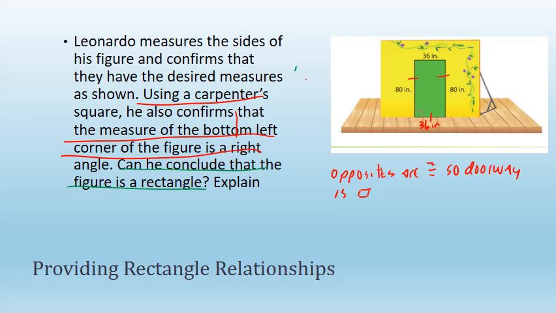So if one angle of a parallelogram is a right angle, then all the angles are right angles.